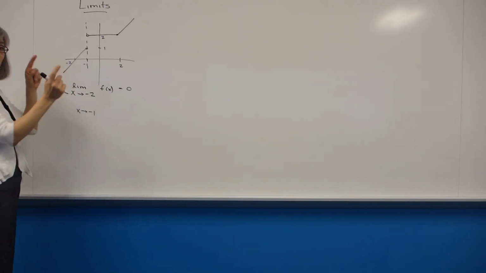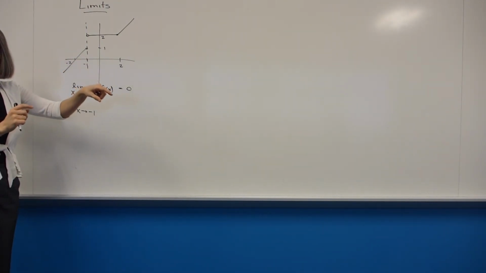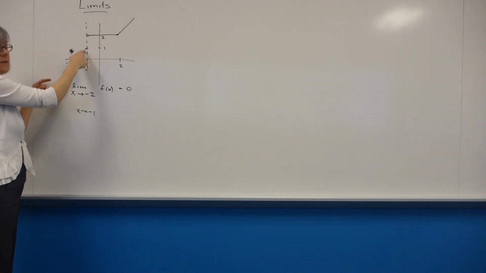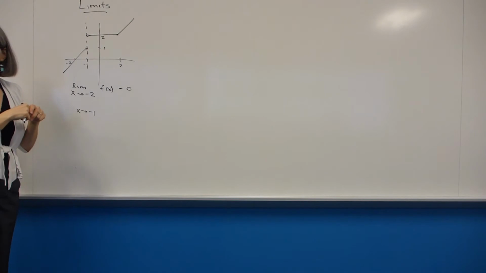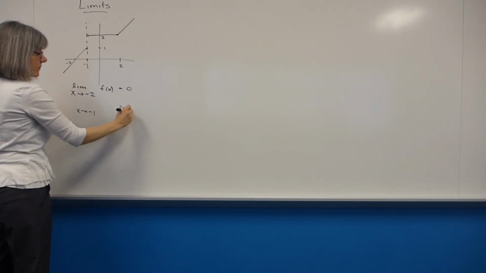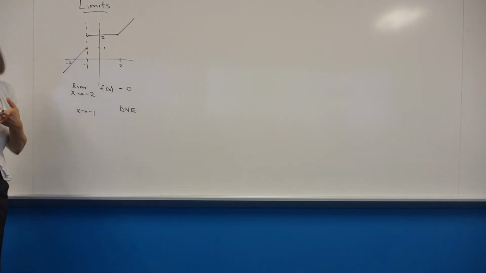There's a big gap, for one thing. And remember that the answer to a limit is a y value. From one side it's going to 1, and from the other side it's going to 2. So does the 2-sided limit exist? No. Is it continuous? No, there's a big gap. If it's not continuous, then it's not differentiable either.